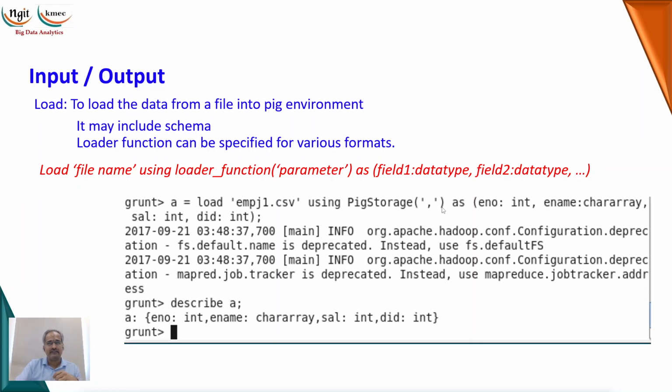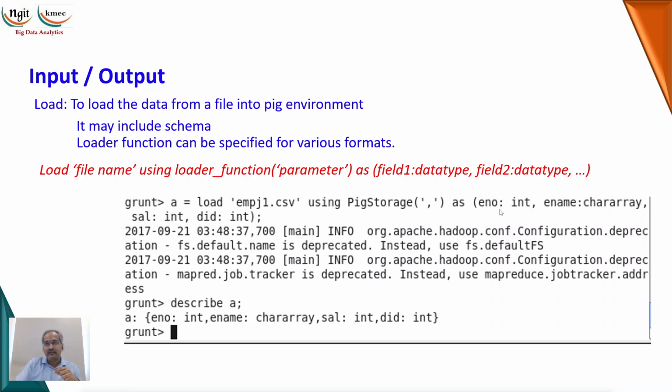You can see that here, this is a small example for that. In the Grunt shell, we are providing A equal to load empj1.csv. This is the file available in the HDFS, right? So you have to provide the complete path also. And using the loader function PigStorage, which is separated by a comma. If it is comma separated, you have to provide that as comma. If it is tab separated, you have to provide backslash t like that.